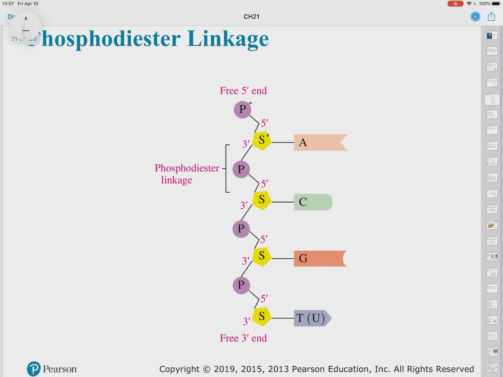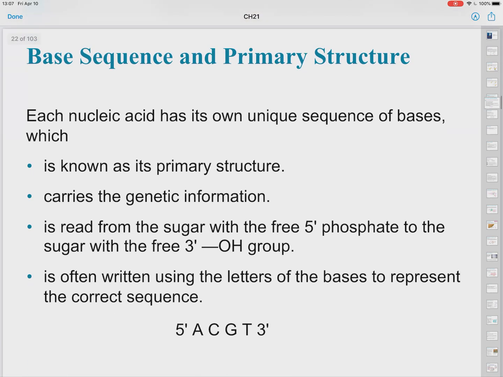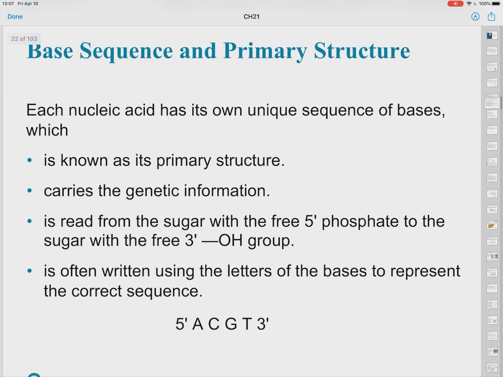We can see a schematic here of the general backbone. It's going to be phosphate, sugar, phosphate, sugar, phosphate, sugar, phosphate, sugar. The nucleotides themselves are connected to the different sugars, and so they're not part of the backbone. So this is the primary structure. The 5' to 3' direction carries the genetic information.